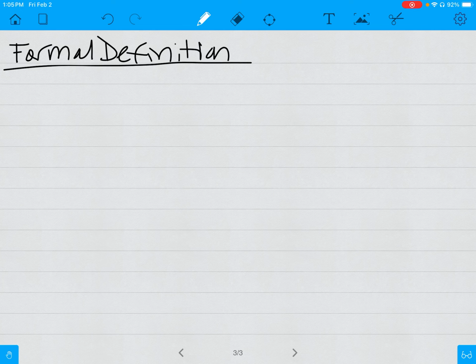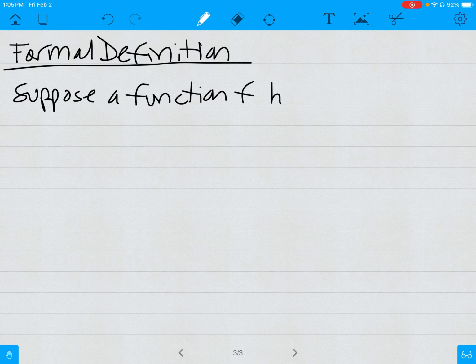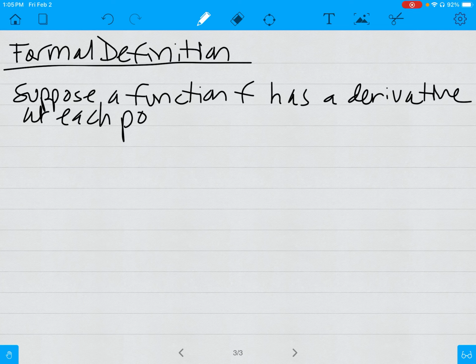It says, suppose a function f has a derivative at each point in an open interval.